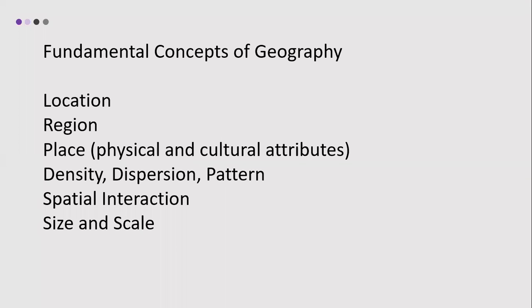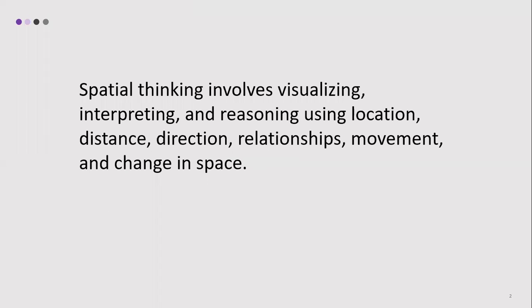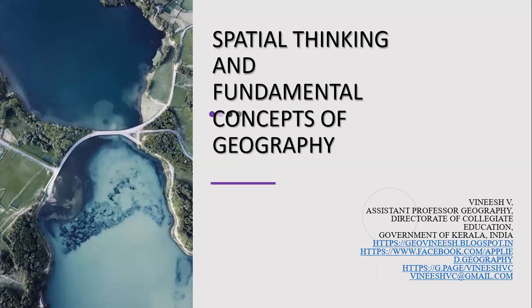Spatial interaction, geographical interaction, movements that we already learned. Then size and scale, like the scale of a map: a large scale map, a small scale map, that comparison. Then size, which we will define in different ways. These are the spatial concepts that we are integrating.